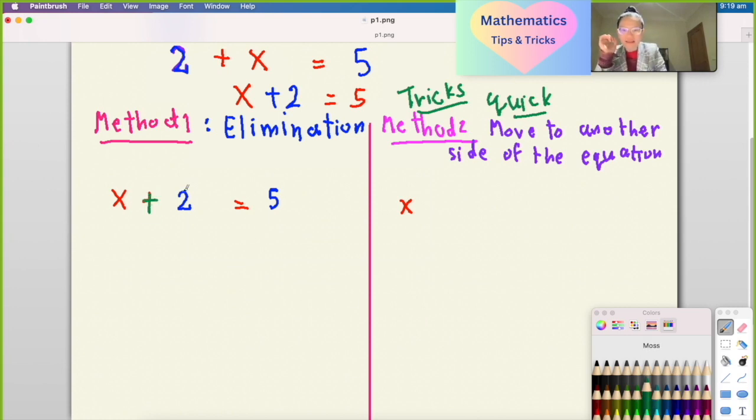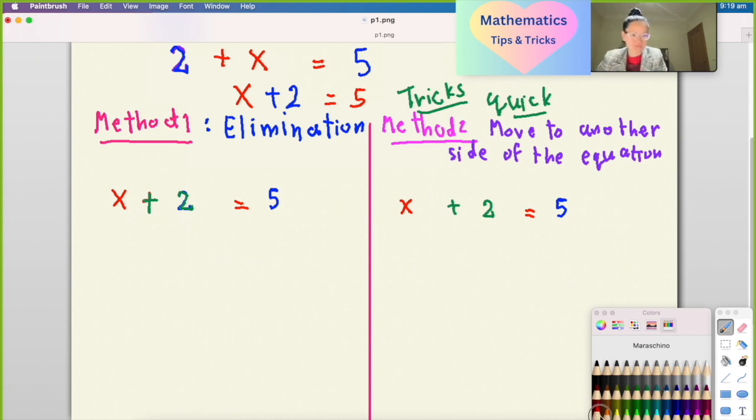x plus 2 equals 5. Let's focus on the elimination method first.